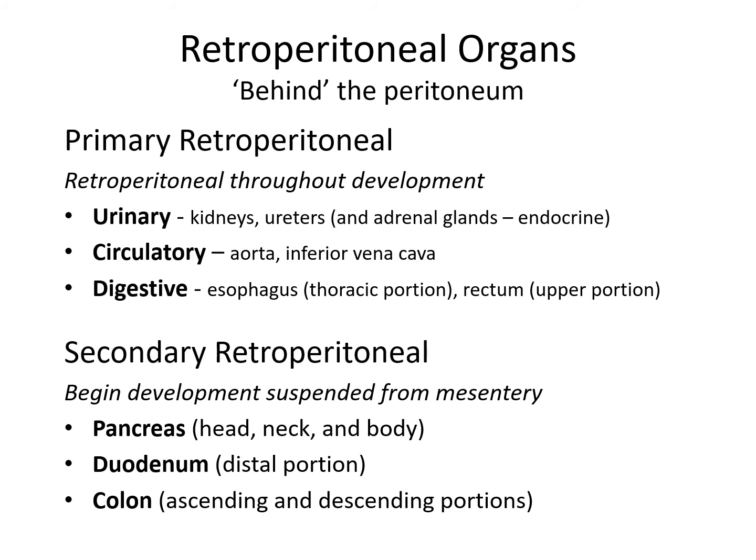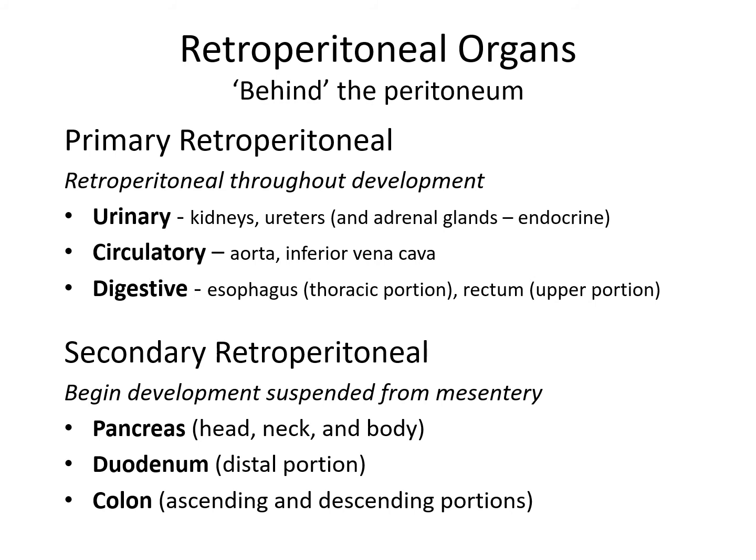The ureters, the adrenal glands, these are all behind the peritoneal cavity. Parts of the circulation, so the aorta, the inferior vena cava, they're technically behind the abdominopelvic cavity. And parts of the digestive system, so the esophagus, the part that goes through the thorax, is retroperitoneal, and the upper part of the rectum is retroperitoneal as well.